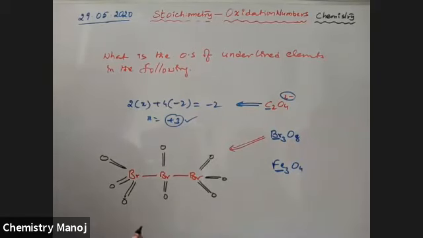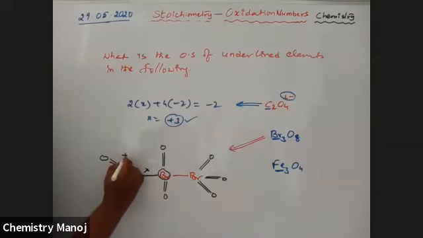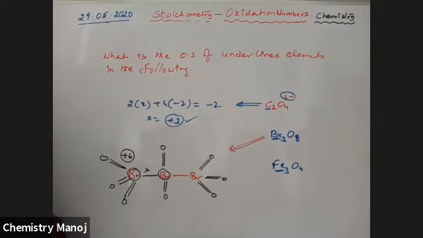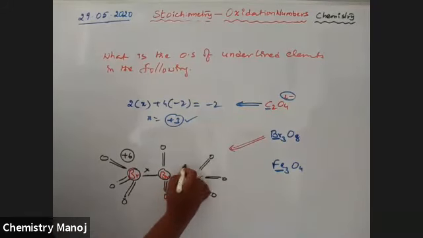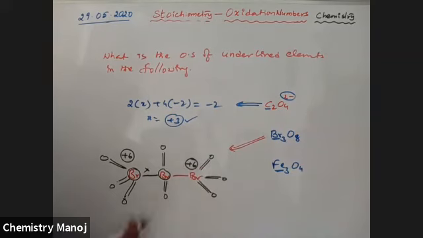So, my dear boys, count the number of those bonds. Bonds between similar elements are not considered here. Don't consider this bond. So bromine here has 3 bonds, 3 into 2, that is 6, so bromine is in the +6 oxidation state. Here also bromine is +6. Here, don't consider this one because bonds between similar elements are not considered.